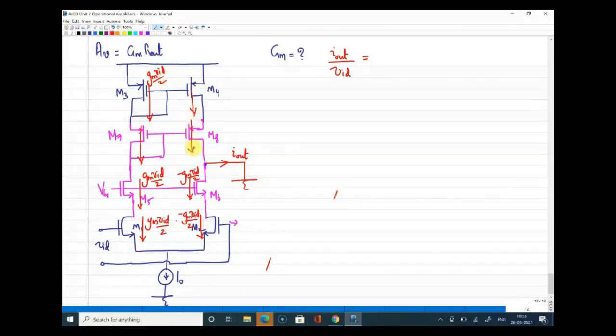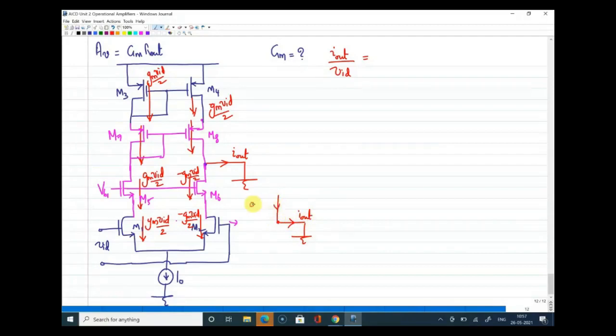So the current through M4 and M8 is equal to Gm into Vid by 2. Now you have come to the output point, where I have the current I out marked.